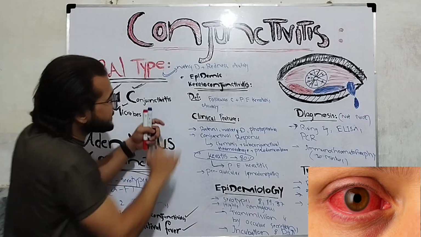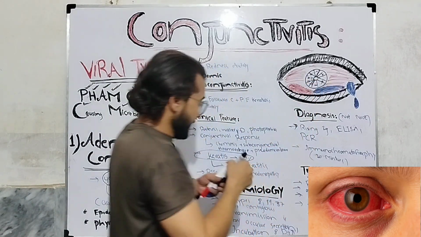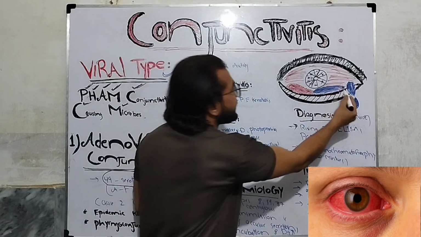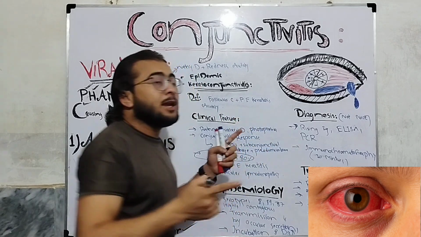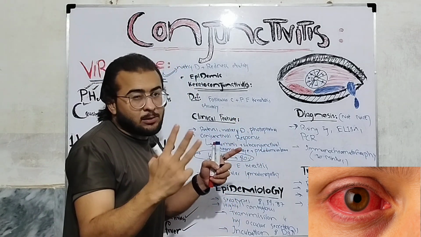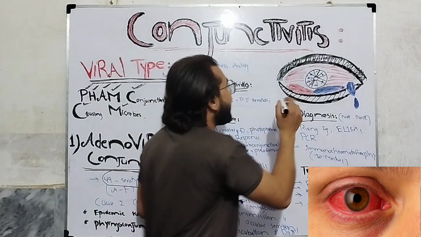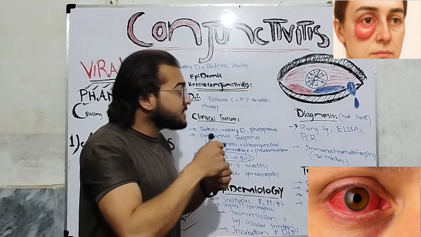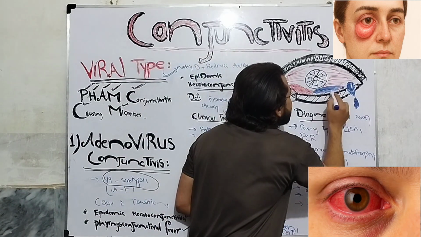For the clinical features, the patient will present with redness and watery discharge, and if the infection is severe, there are three conjunctival responses. The patient may have chemosis. Chemosis is the edema of the conjunctiva.